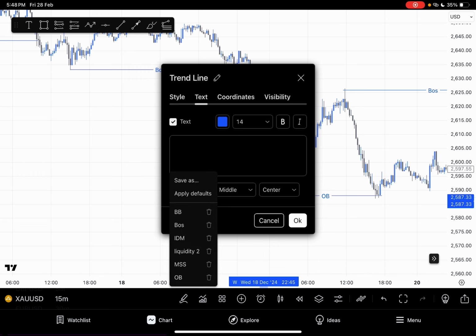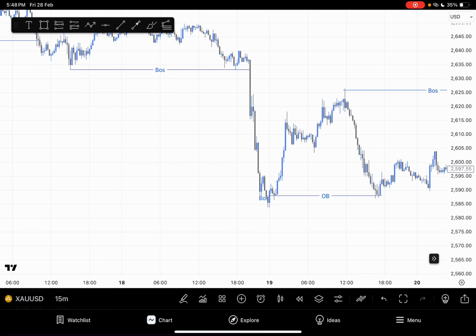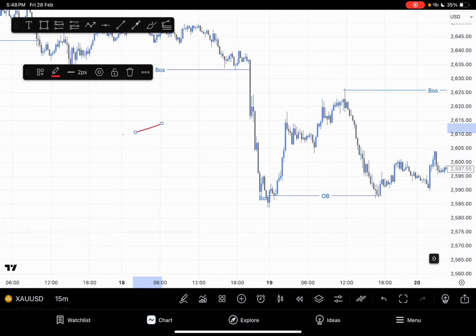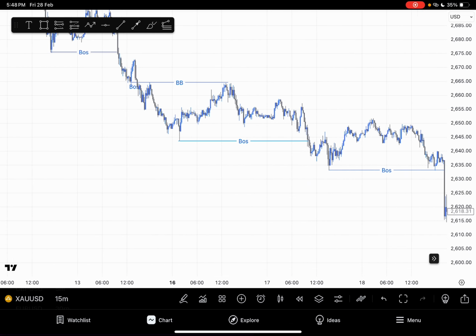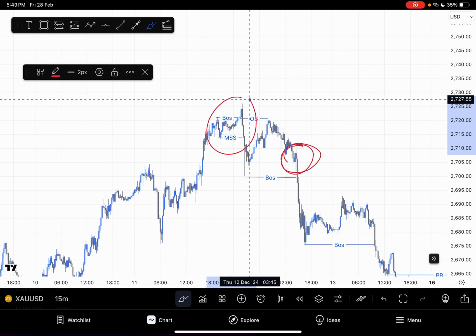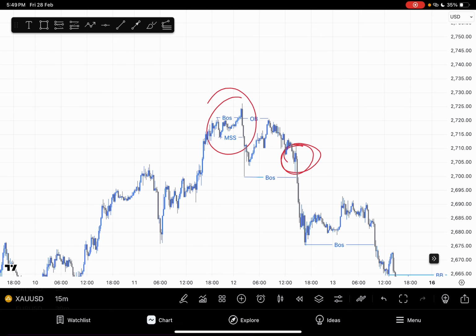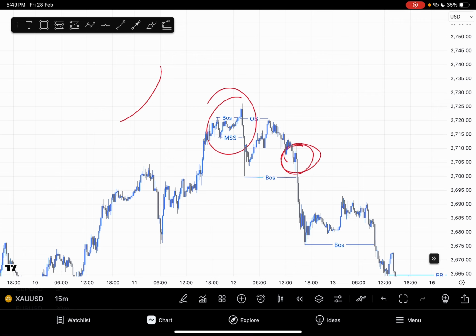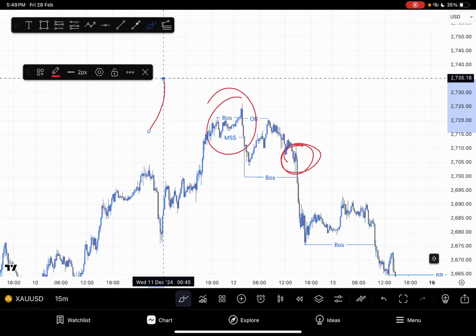So you must always know how this stuff works. You know, from the first side, when we marked this break of structure, from this first side where we marked this market structure shift, you can see price move in a curved way. Price moved in a curved way to the upside, creating a break of structure.